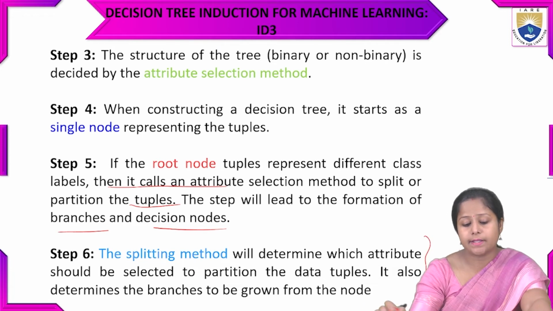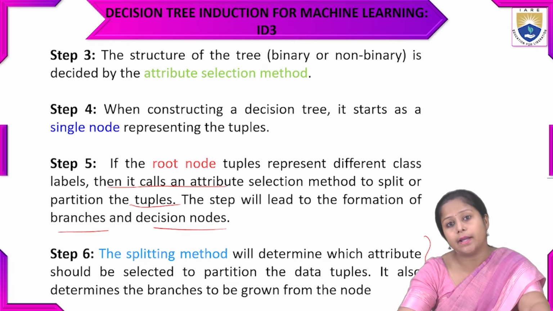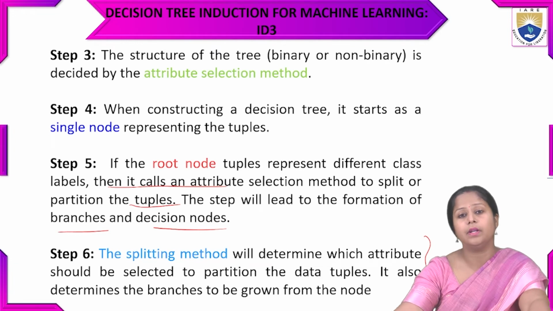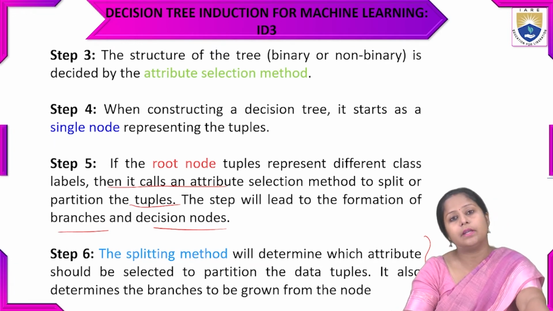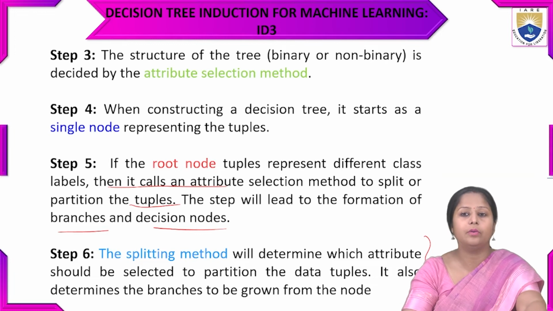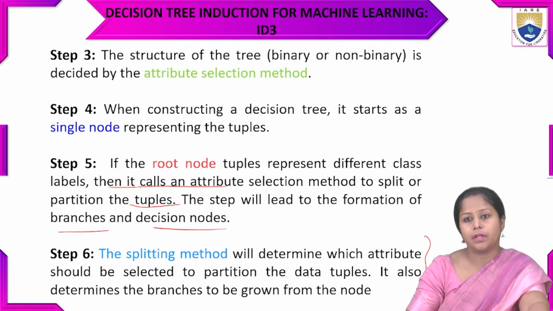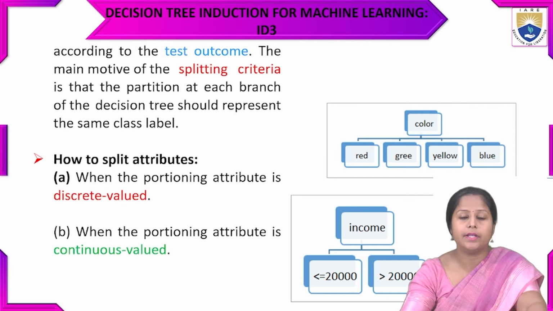For the next step, the splitting method determines which best attribute is selected to partition the data tuples. According to that, it also determines the branches to be grown from the node, according to the outcome coming from that particular node.